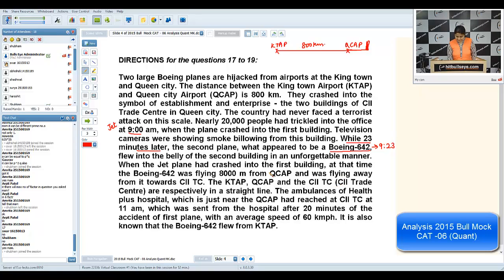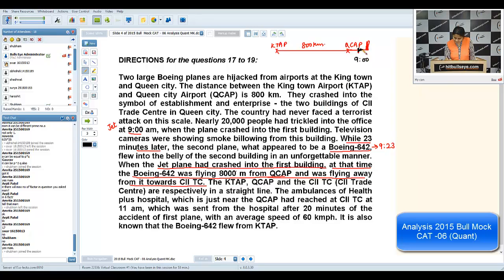Now it says when the jet plane had crashed into the first building, at that time, I mean at 9 a.m., the Boeing 642 was flying 8,000 meters, that is 8 kilometers, from QCAP and was flying away from it towards this. So there will be a plane, Boeing 642, at 9.